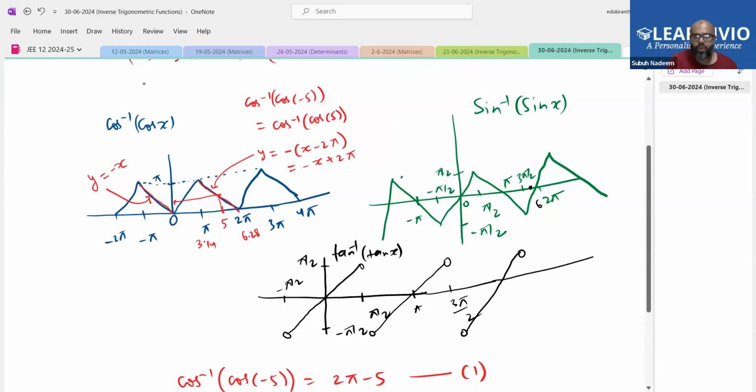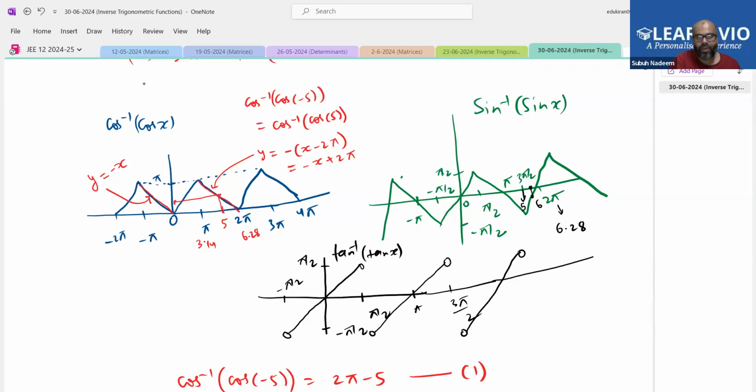Because 2 pi is 6.28, and 3 pi by 2 is 3 into 1.57. So this will be slightly less than 5, approximately 5. So 6 lies between 5 and 6.28.